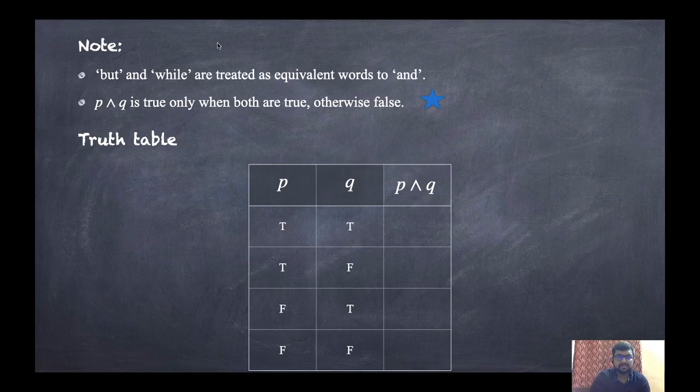Now consider this property: P conjunction Q is true only when both are true. So here both are true, so P conjunction Q is true. Now here both are not true, so it is false. Here also it is false. Both are false, so it is false.